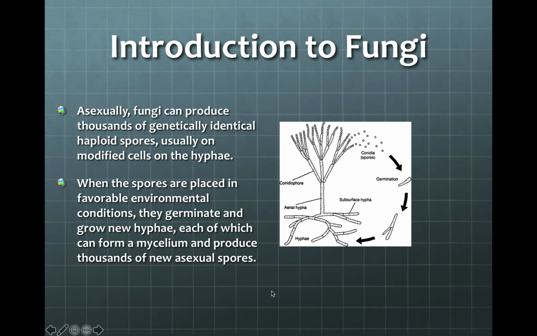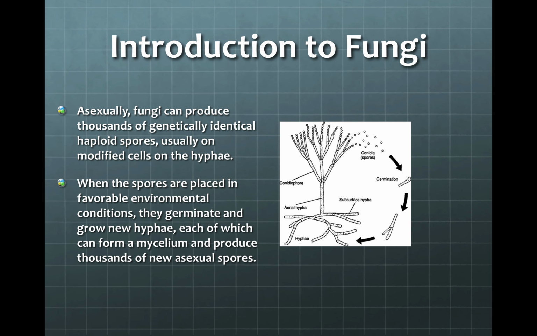When the spores are in favorable conditions, this is asexual reproduction. When there are unfavorable conditions, which means it's too dry, or too cold, or there's not enough water, then they're going to reproduce sexually.